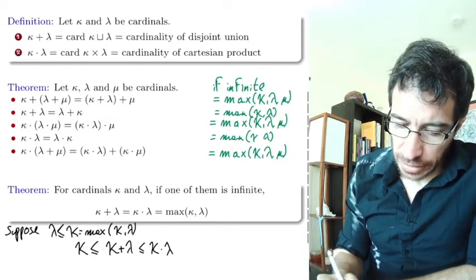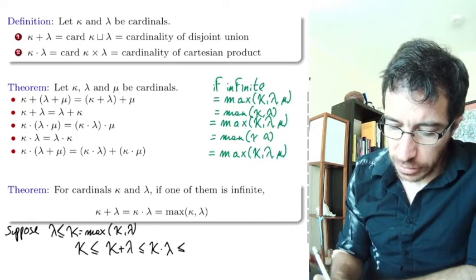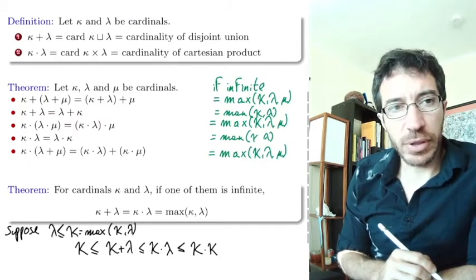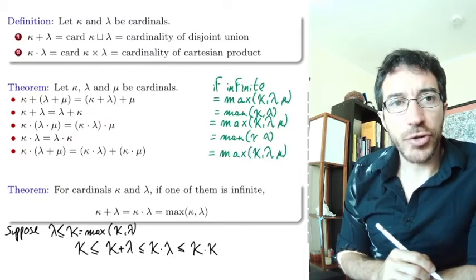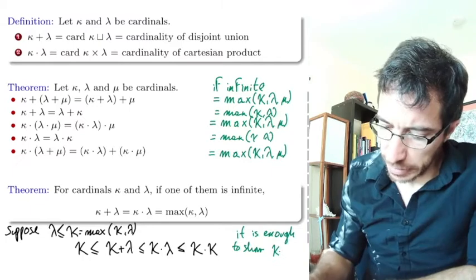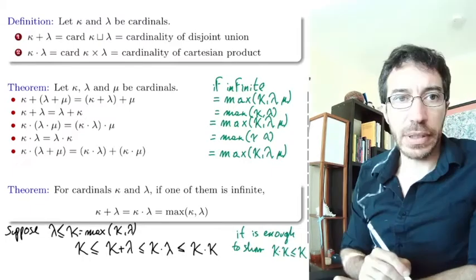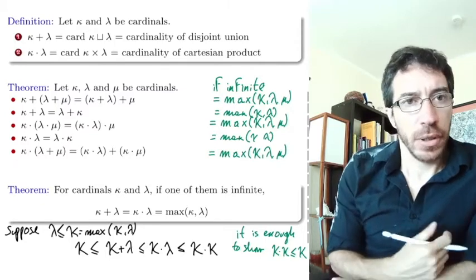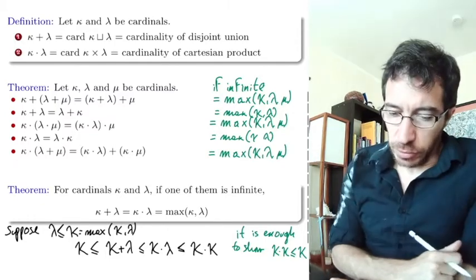And then this is less than or equal to kappa times kappa, because lambda is less than kappa. So it would be enough for us to show that kappa times kappa is less than or equal to kappa. And then we will get that all of them are the same. That proves the whole equivalence up there.